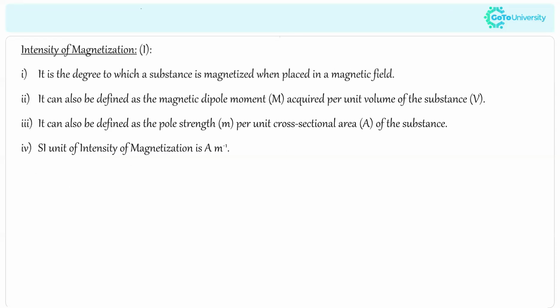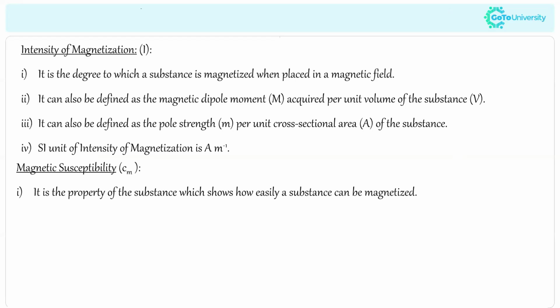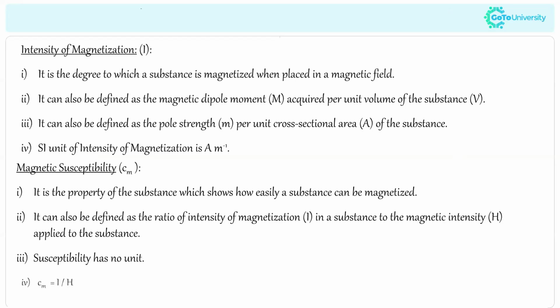The next one is about intensity of magnetization and magnetic susceptibility. It's known that intensity of magnetization is the degree to which a substance is magnetized when it is placed in a magnetic field.